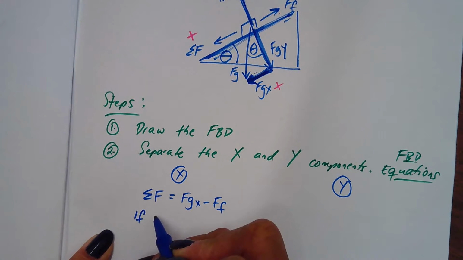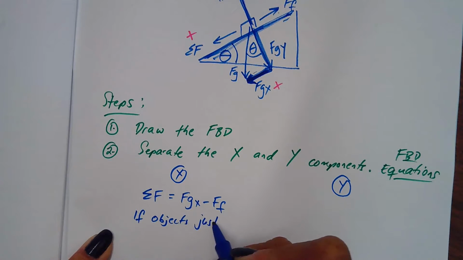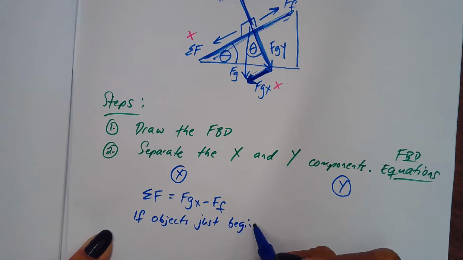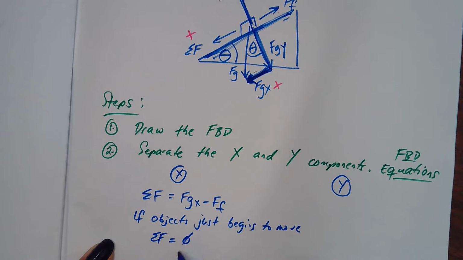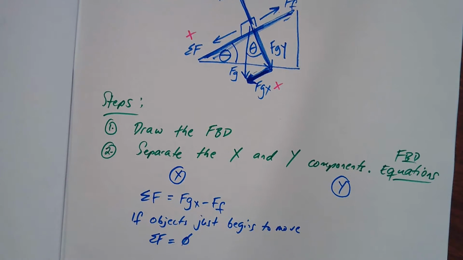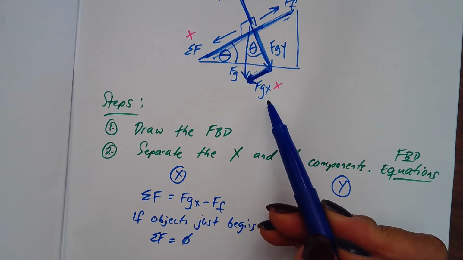So if the object just begins to move, we could say that the net force is equal to 0. Now think about that, why that makes sense. When you were lifting the desk, okay, the object was still stationary until you lift it enough to give it enough Fg of x.